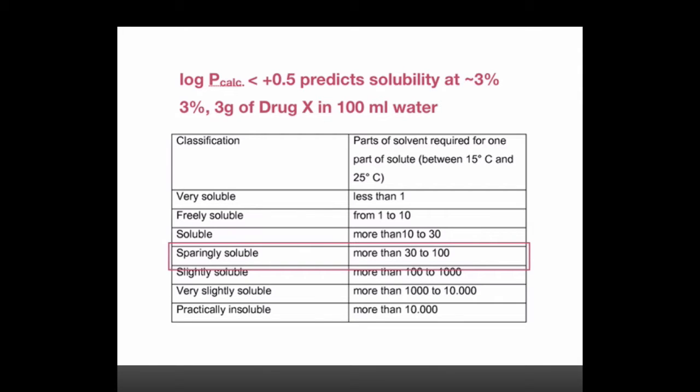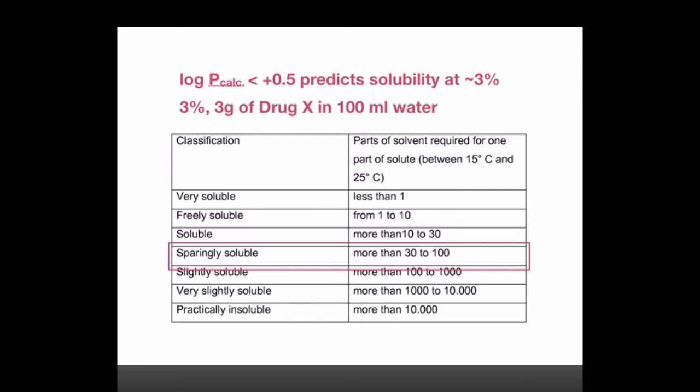So in this case, for example, if you remember, I mentioned calculated log-P. If it is less than plus 0.5, it predicts solubility at about 3%. And if you take the US pharmaceutical standards, the table here is from the US pharmaceutical standards.